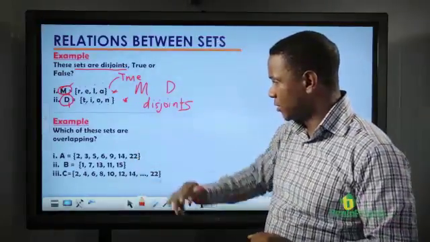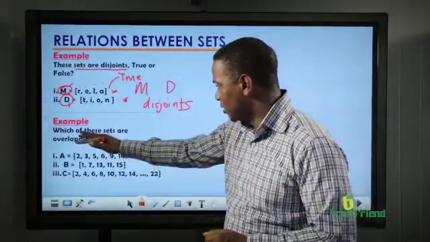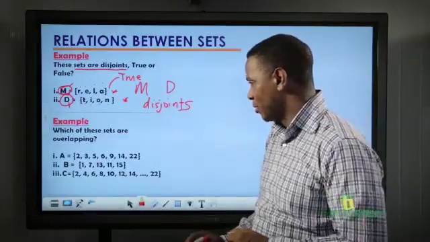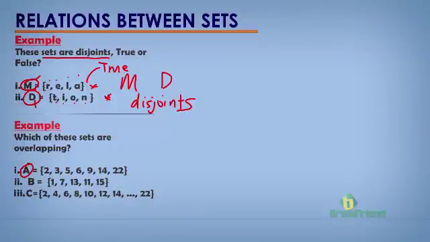Let's take a look at another example. We are asked which of these sets are overlapping. So we have our set A with its elements listed as 2, 3, 5, 6, 9, 14, and 22. Our set B has elements 1, 7, 3, 11, and 15. Our set C has elements 2, 4, 6, 8, 10, 12, 14, up to 22.